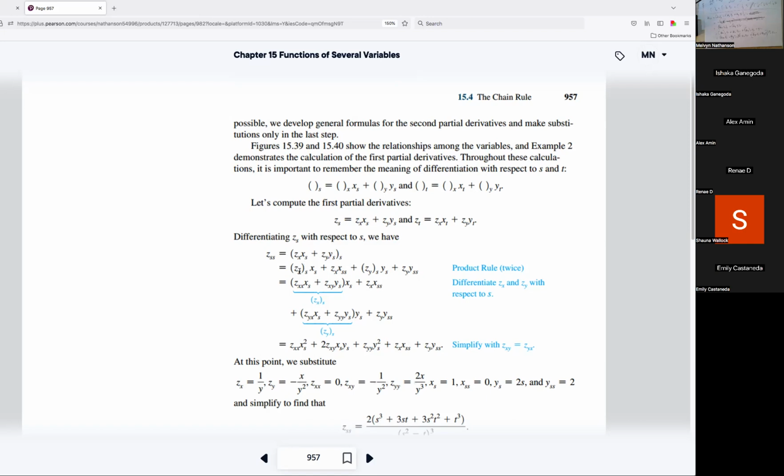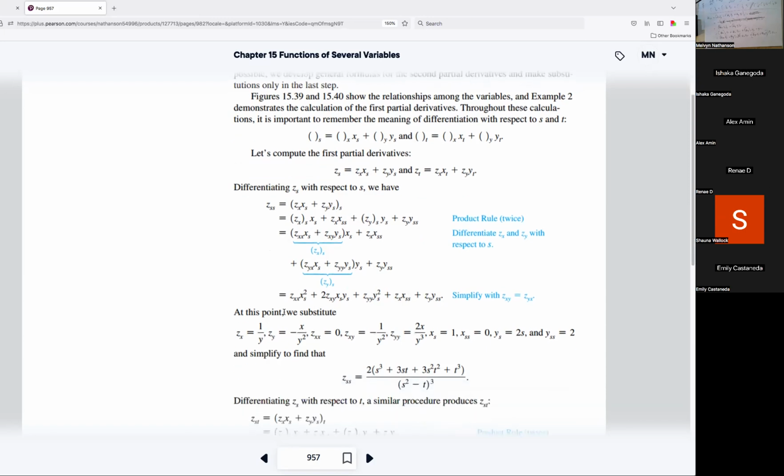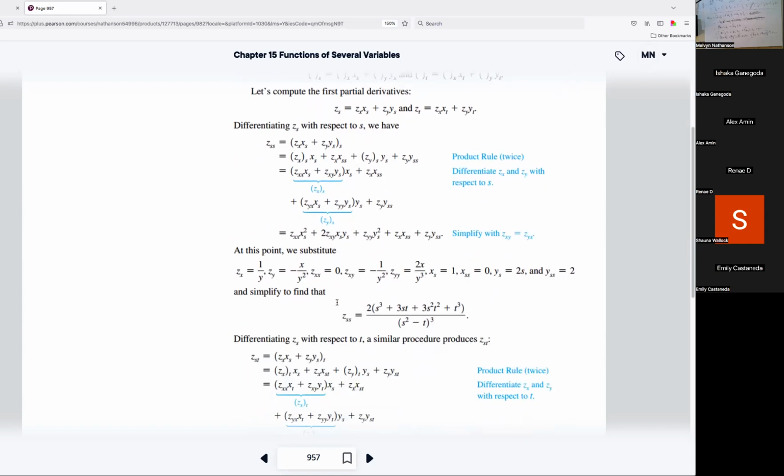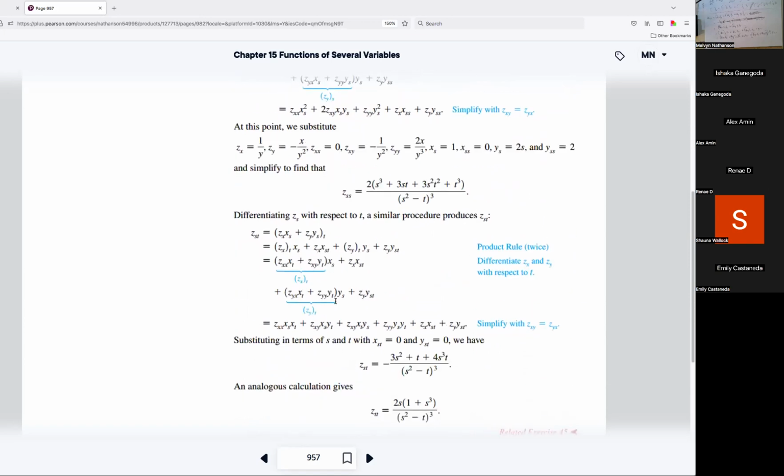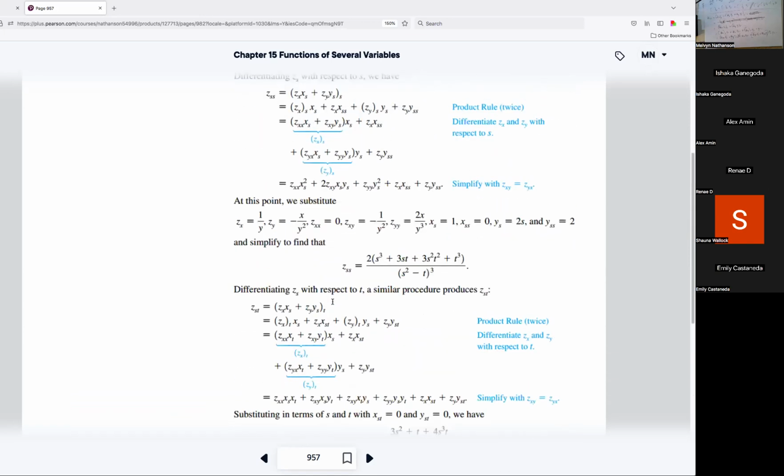And I differentiate this with respect to s, I get this. And if I differentiate this with respect to s, I get this. Well, I get some complicated expression which simplifies and simplifies and simplifies, and just a lot of work. So I'm not sure what to say about this.